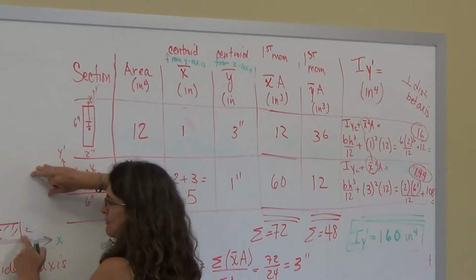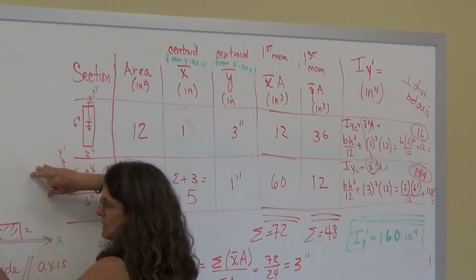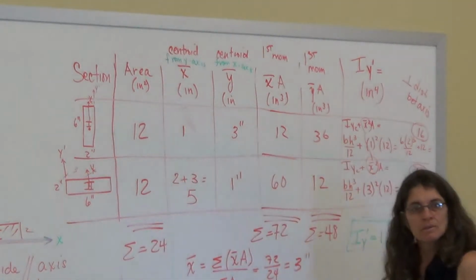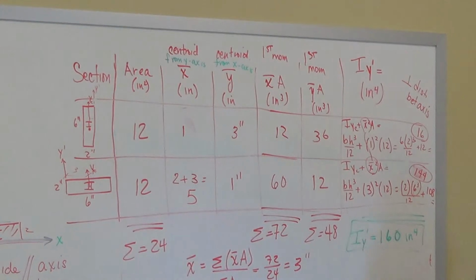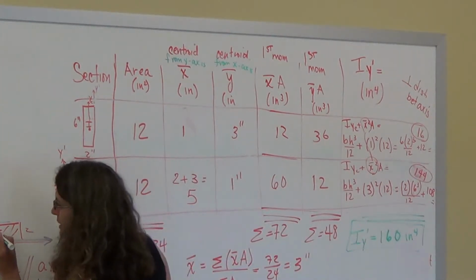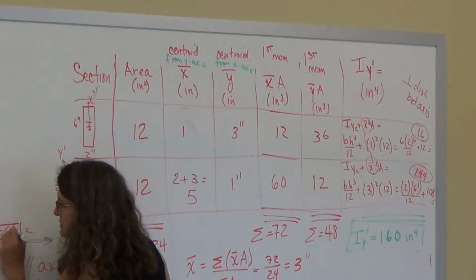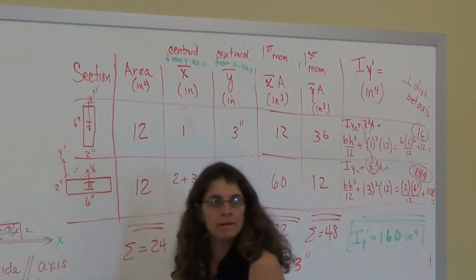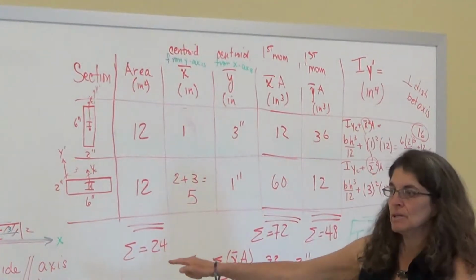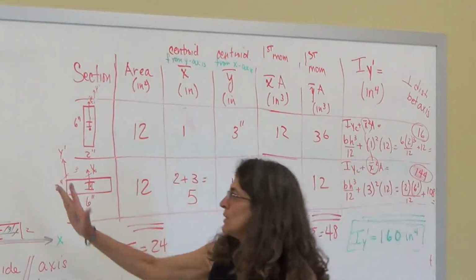So the x bar for this piece right here, it's 2 plus half of 6. Okay, because it would be the centroid, but then it's over 2. Right, because the centroid would be here, where this is 3 and this is 3. But you gotta add that 2 in, because you're measuring it from there. So pictures are really good, showing where all the axes are.